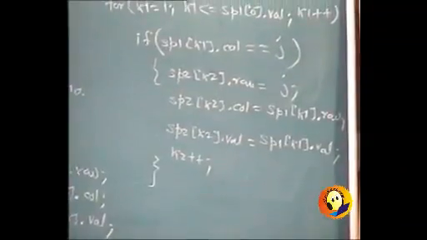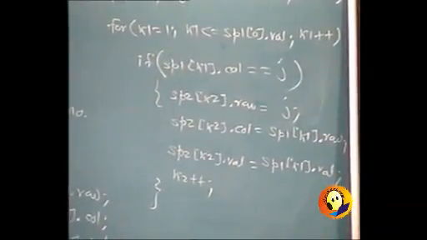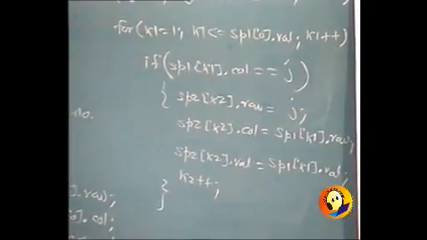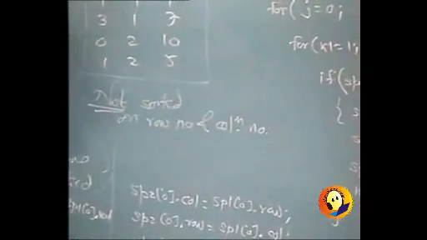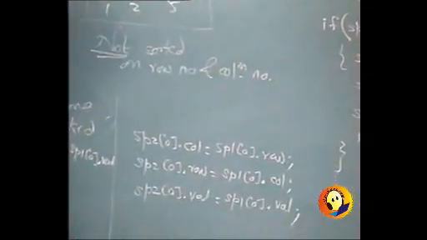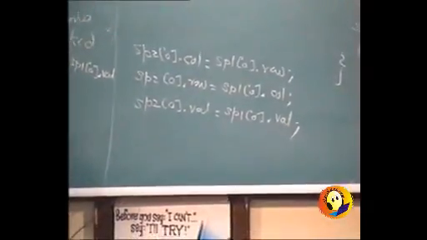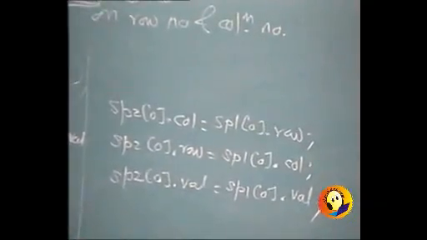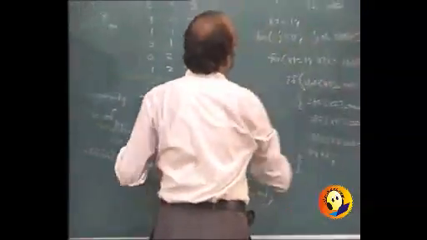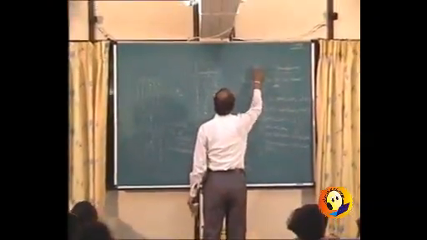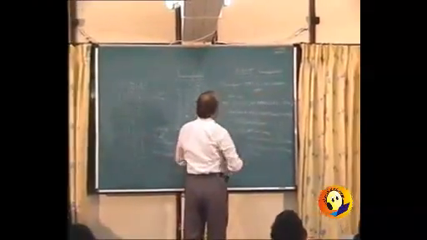Anybody has any difficulty in understanding this? Fast transpose.